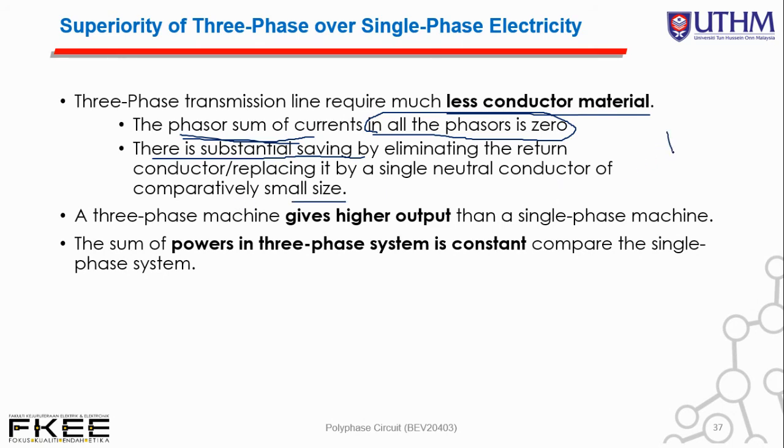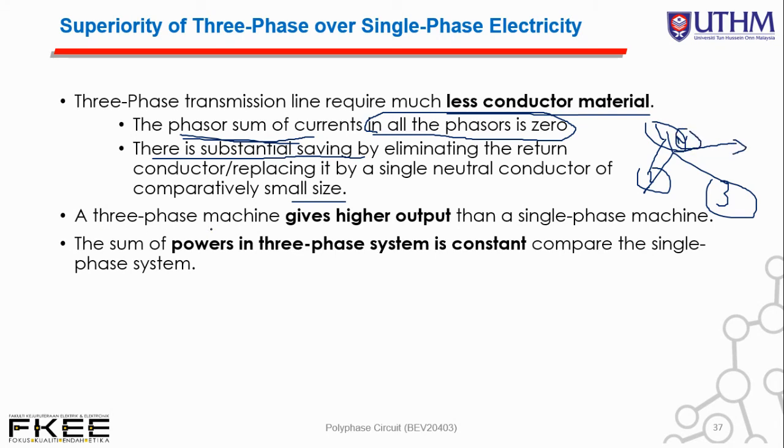So out of three-phase, for example, one return line, which is called the neutral line, is sufficient to represent all three lines, 1, 2 over here, and 3 over here. This is enough with one return line, the so-called neutral line.